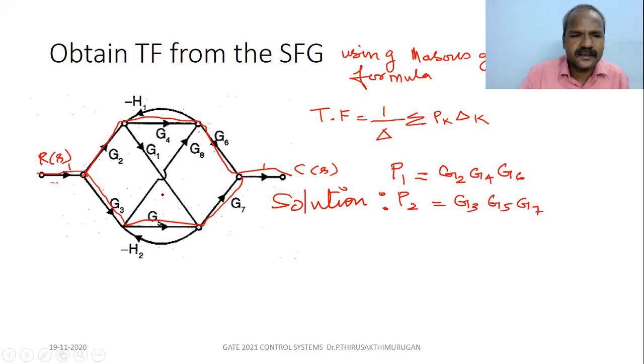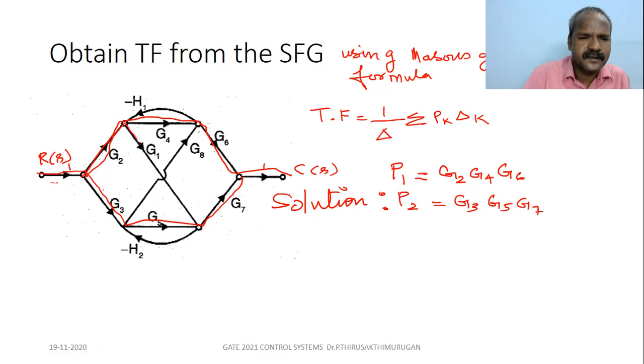What is the third forward path? You can have G1, G2, G7, starting from here, this way.